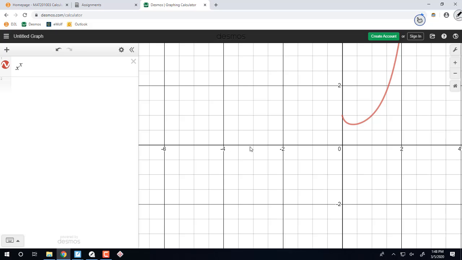So what wouldn't work as an input for x in this function? Odd numbers. Odd numbers? Can we compute -3 to the -3? That's just 1 over -3 to the third power, or 1 over -27. 0? Certainly wouldn't work for 0 because we have 0 to the 0th power.